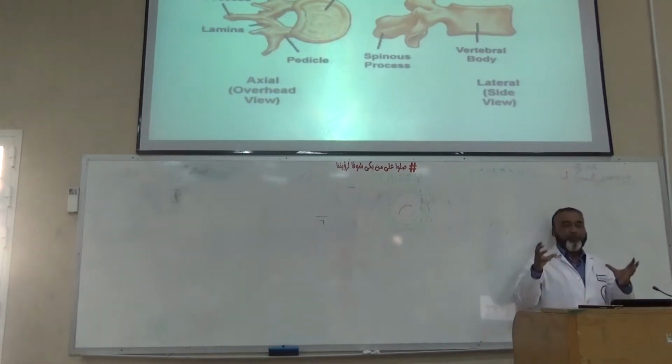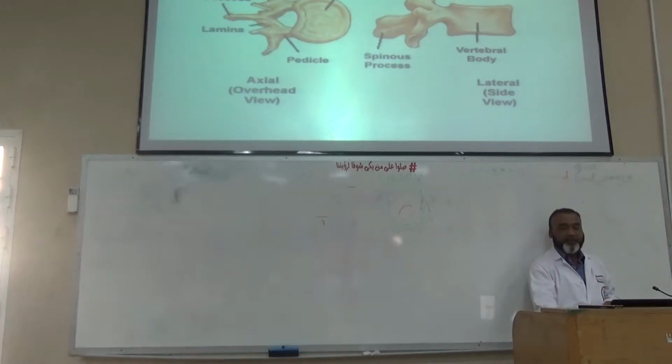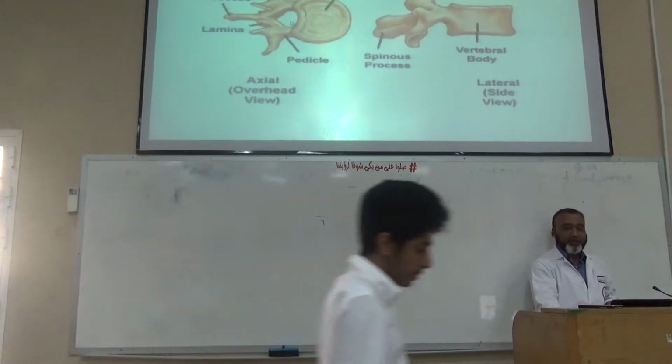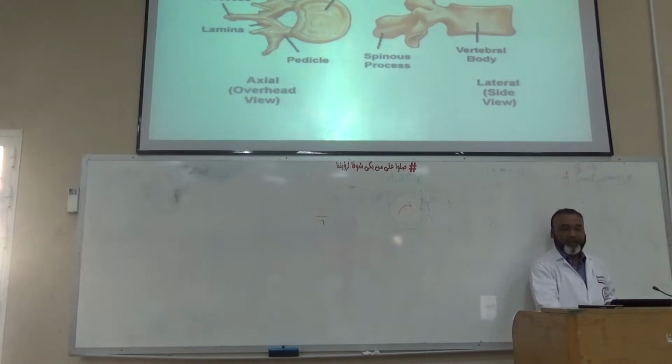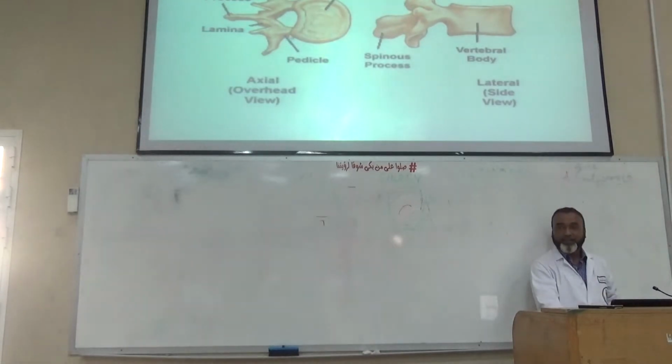If you see the body of the lumbar vertebra, it is kidney shaped, and we have the vertebral foramen. On each side, coming from the posterior aspect of the body, these are the pedicles, and these two pedicles give rise on each side to the transverse processes, and there we have the lamina on each side.